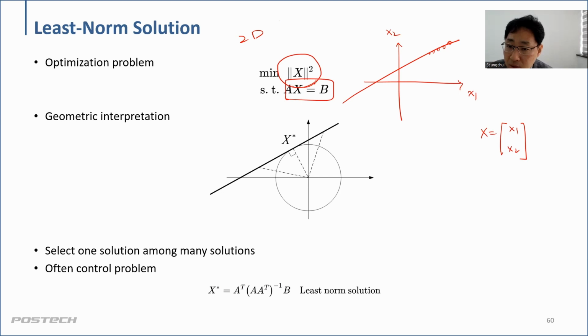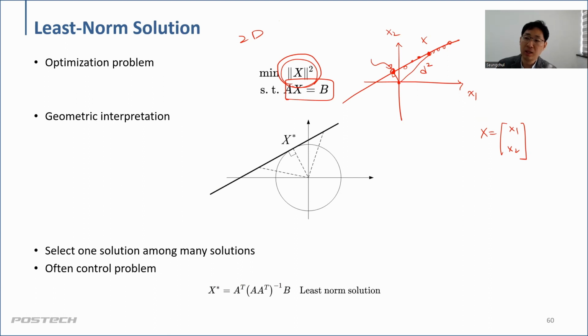So I want to minimize the Euclidean distance from the origin, and the squared. Probably this one is one of the candidates. Then let me ask, what's the point with the minimum distance from the origin? I guess this guy will be the optimal solution, right?